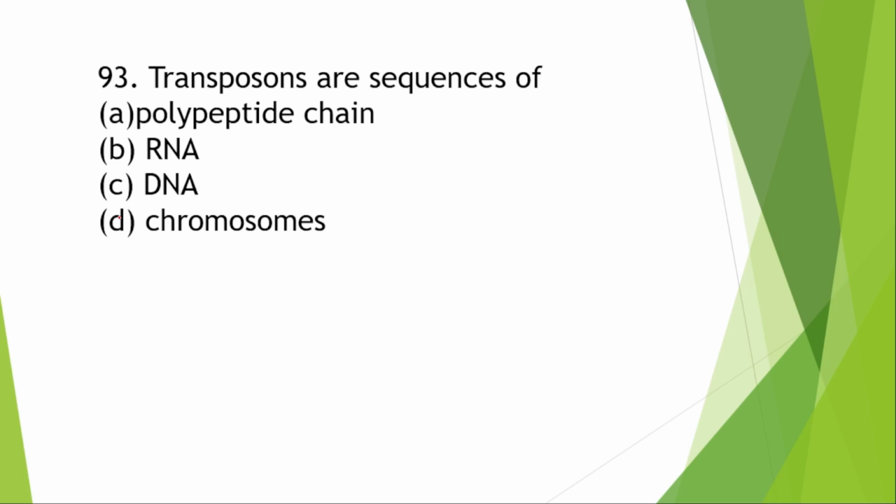Transposons are the sequences of: a polypeptide chain, RNA, DNA and then chromosomes. The right option is C, DNA, because transposons are also known as jumping genes, specific sequences of DNA that can move from one location to another within a genome. That's why the right option is C.